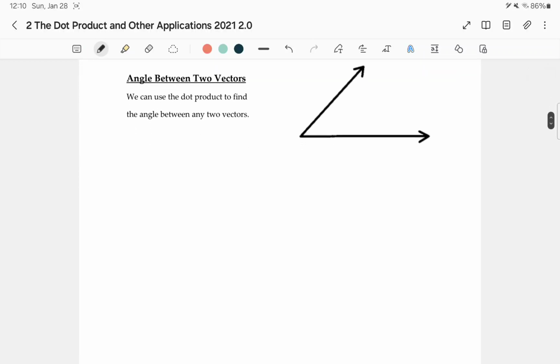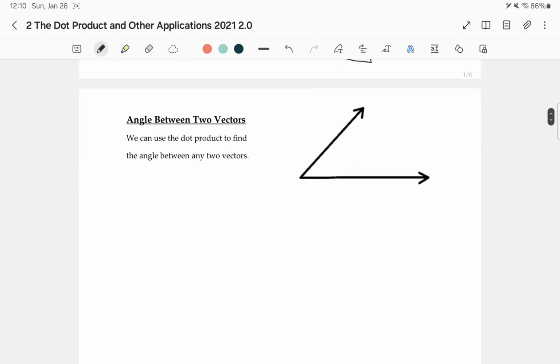Anyway, besides that, we have the most important use of the dot product, which is the angle between two vectors. So if you recall, let's call this a vector and b vector, because the notes do it that way, and then this is theta. We know that this vector here is going to be a minus b.